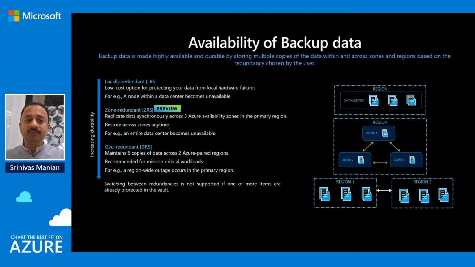So by enabling geo-redundant storage, you are able to maintain six copies of data, three in the primary and three in the secondary region. It's recommended to adopt redundant storage for your mission critical applications from a BCDR perspective as well.